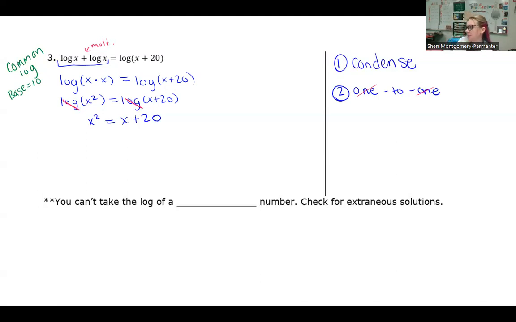This one is a little different than all the other problems we've done so far. Why? Because it's an x squared. So anytime that you have an x squared, we're going to solve it like a quadratic, and that means that we've got to make it equal to 0 so that we can factor.